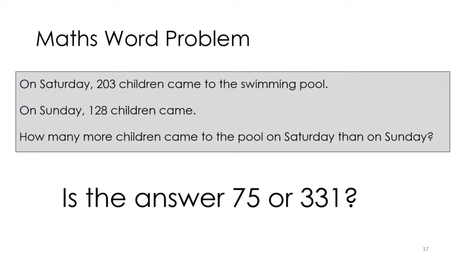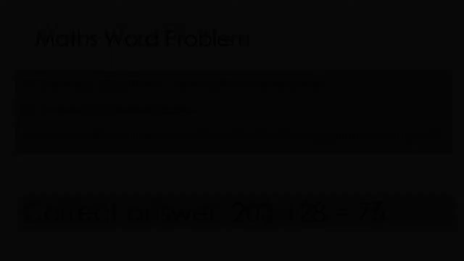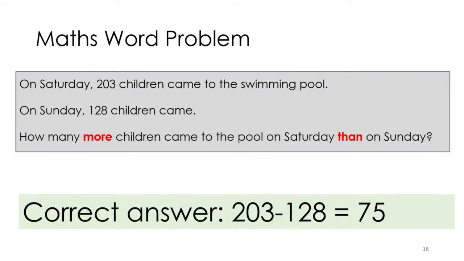How many more children came to the pool on Saturday than on Sunday? Very easy, right? Of course, the answer is 203 minus 128 equals to 75.